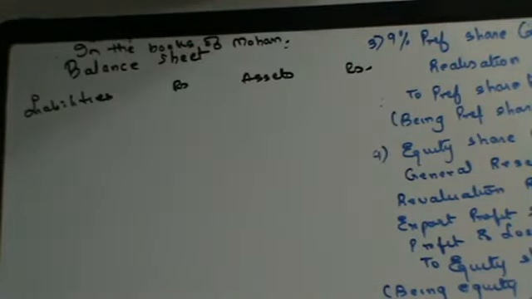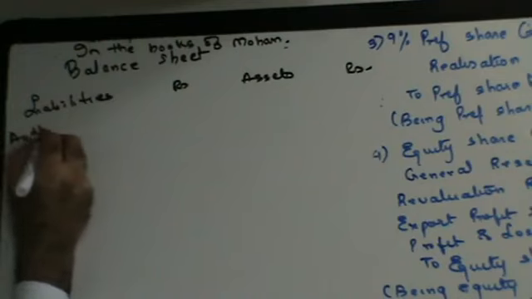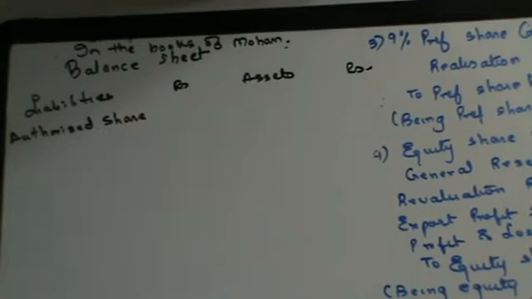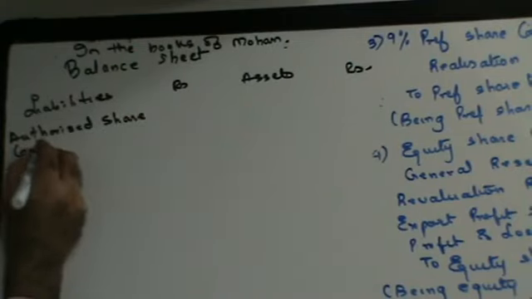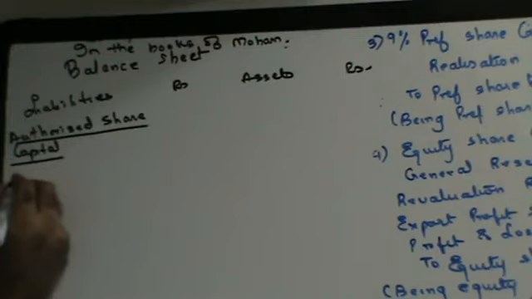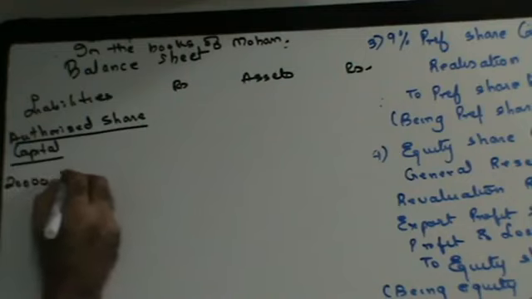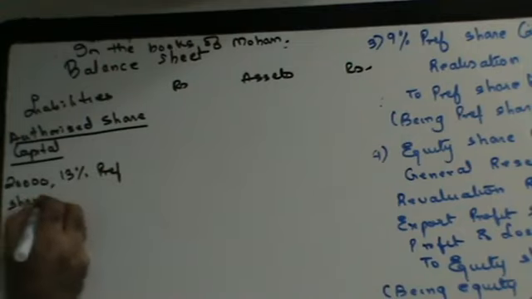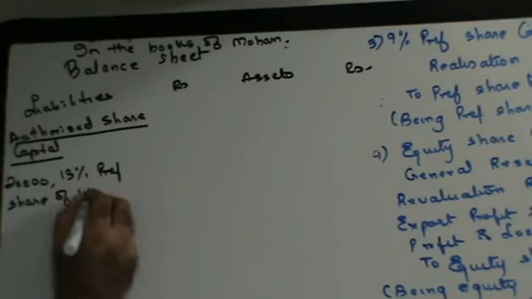They have said that Mohan Limited was formed to take over the business of Rohan and Sohan with an authorized share capital of 20,000, 13% preference shares of 100 each.